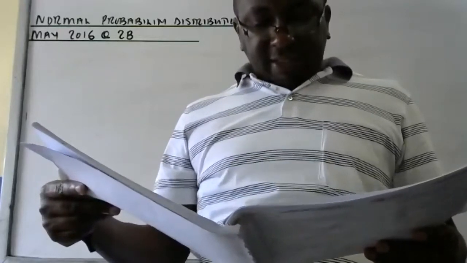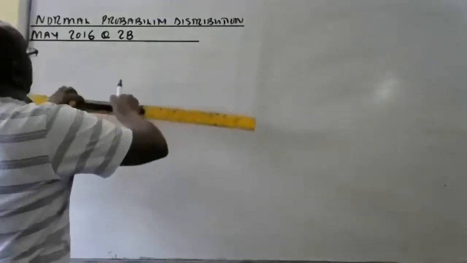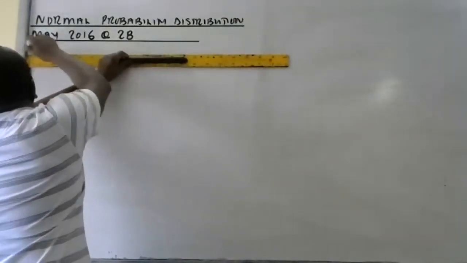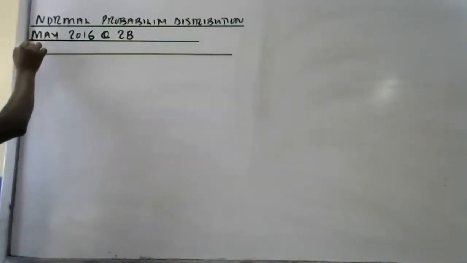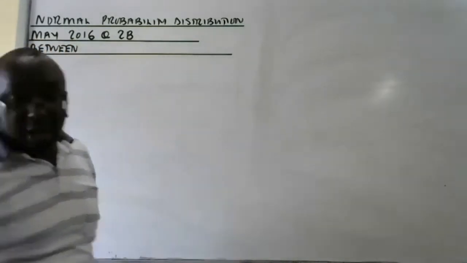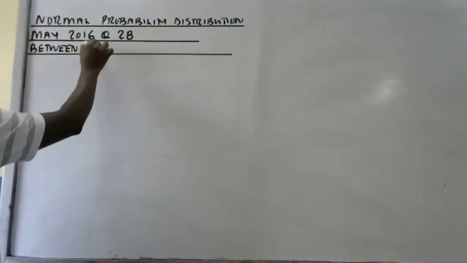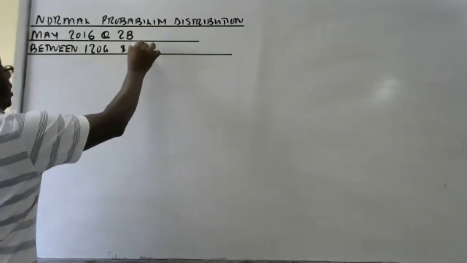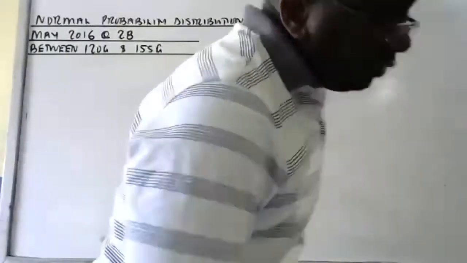Required, the number of packaging tins that weigh between 120 grams and 155 grams. That is what you are told to look for.